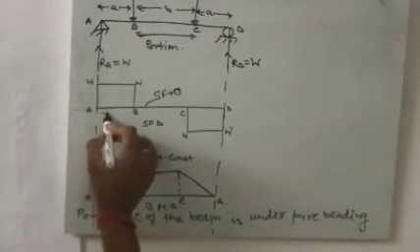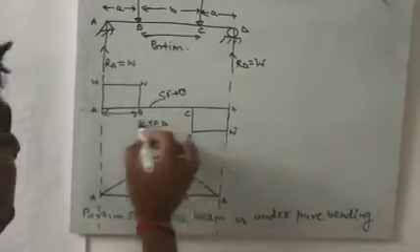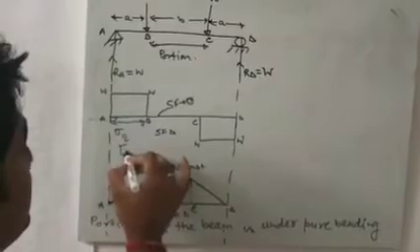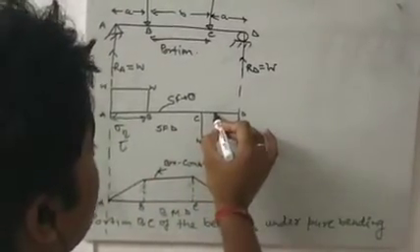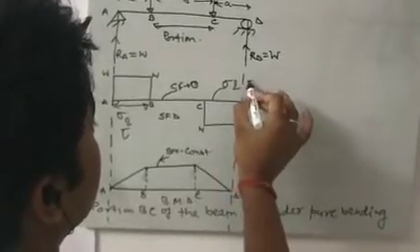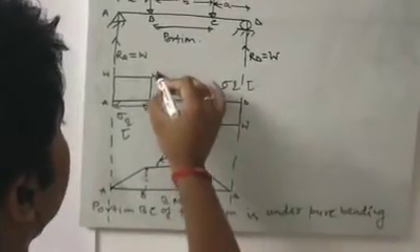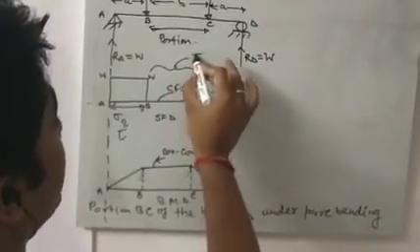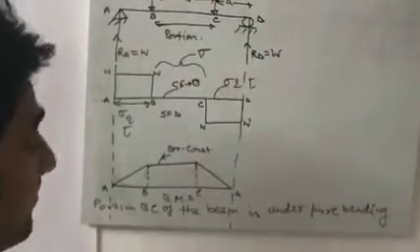So for portion AB there will be normal stress as well as shear stress. For portion CD there will be normal stress as well as shear stress. But for portion BC, there will be only normal stress in the beam.